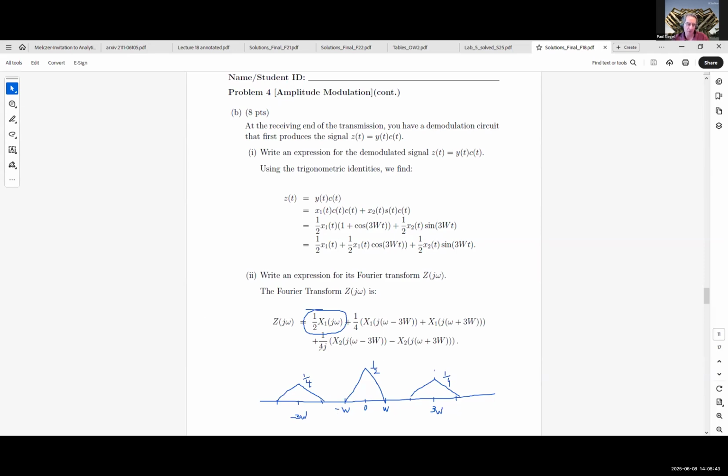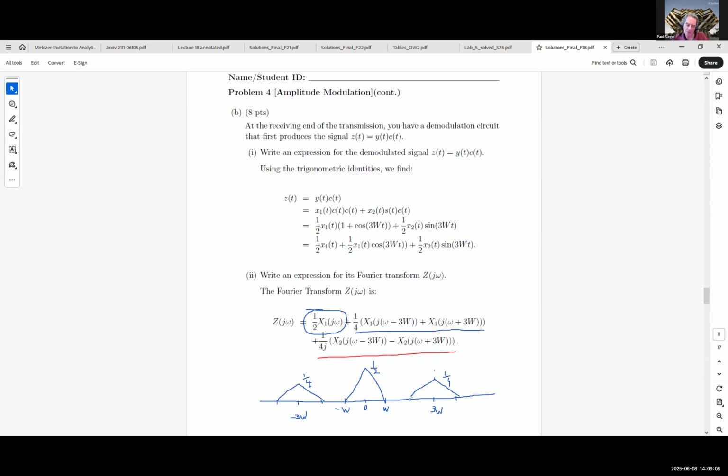So that took care of these terms right here. And then what we're left with is this component. It's going to be 1 over 4j, but again, it's copies of x2 of j omega, whatever that happens to look like, but band limited, again at 3w and minus 3w.